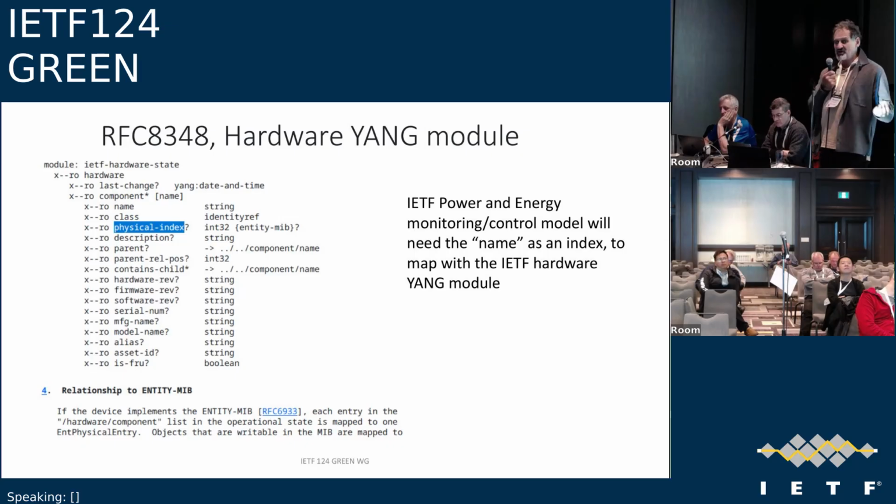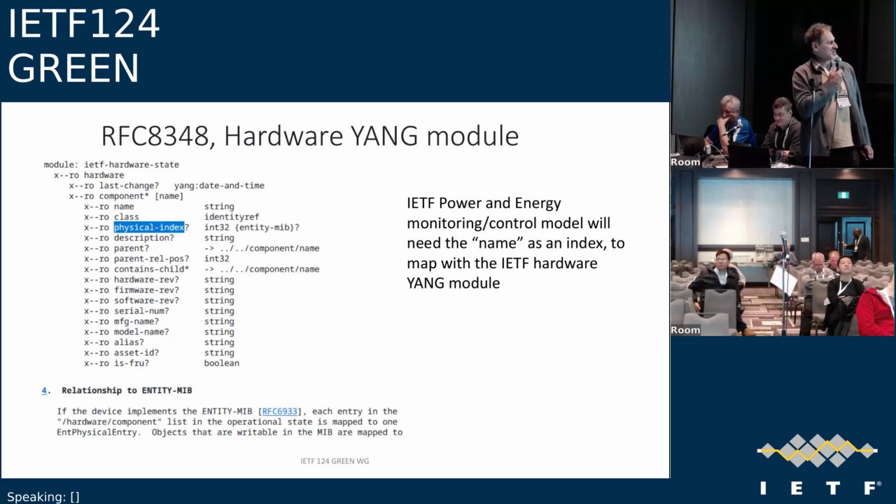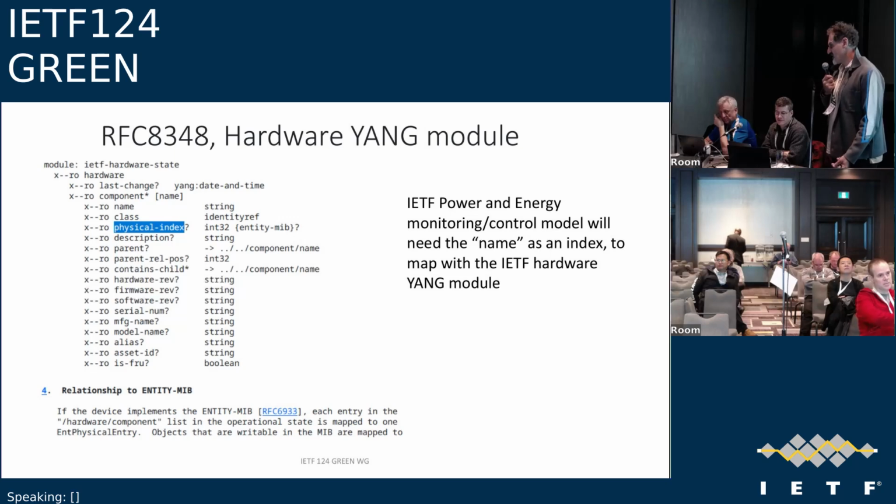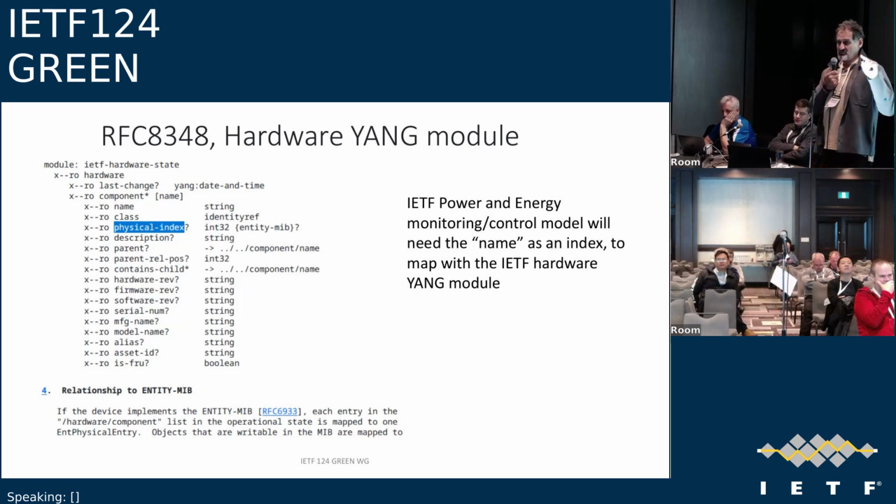It sounds like very basic indices from the router, but it's exactly what we care about. And it's written there: if the entity MIB exists, we have the same index. This is somehow linked to the source ID definition that we have with YANG, but it's the device. It's an interface. It's a line card. It's across devices. Next.